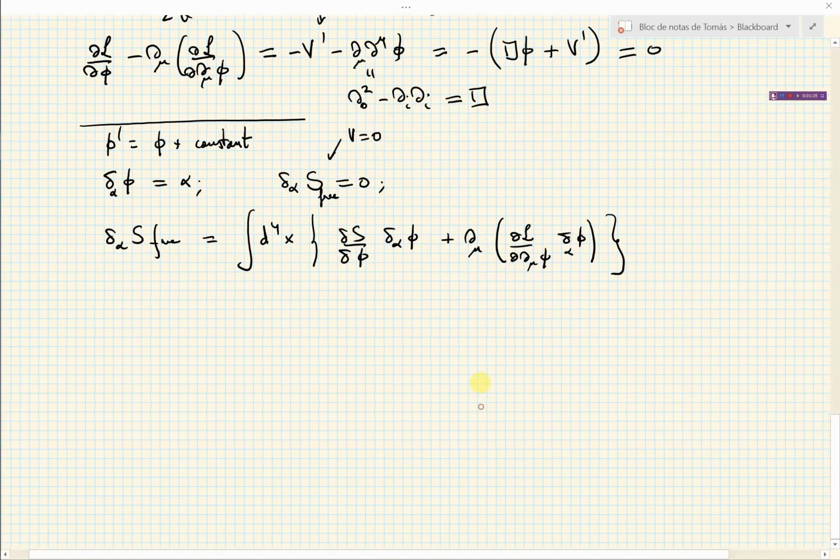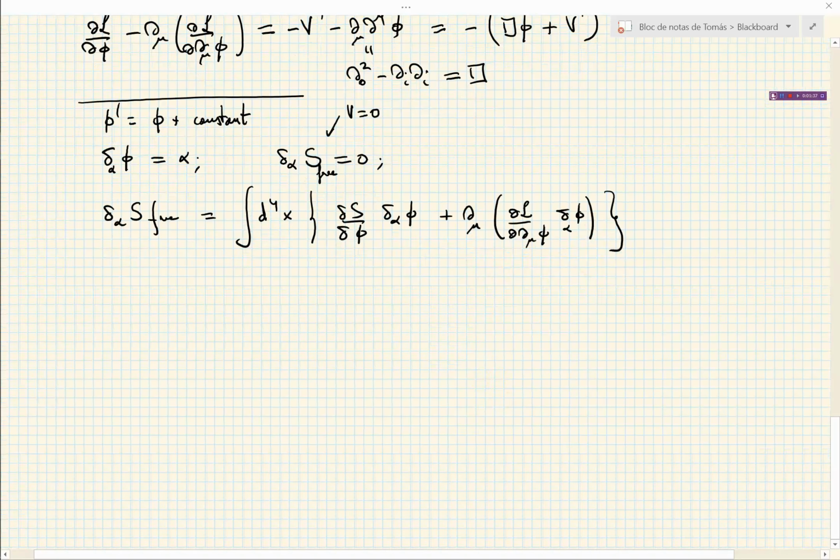This is exactly what we did when we derived the equations of motion, but in that case, first we used the Gauss theorem to replace the volume integral by a surface integral, and then we used the boundary conditions on delta phi to cancel this term. We cannot do this anymore because obviously if these delta alpha phi's are constants, they are never 0 in any place in space-time.